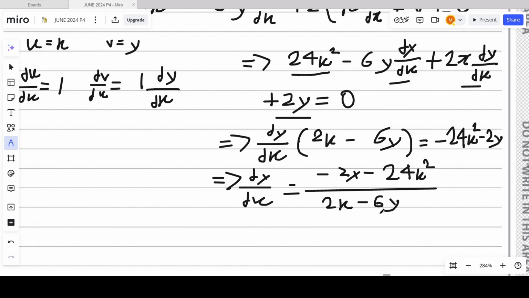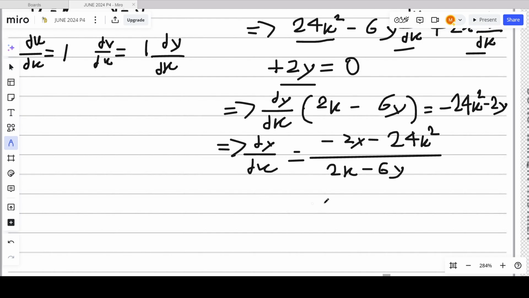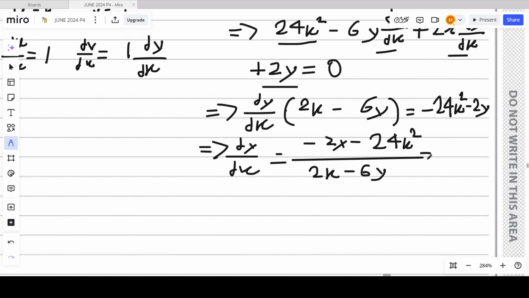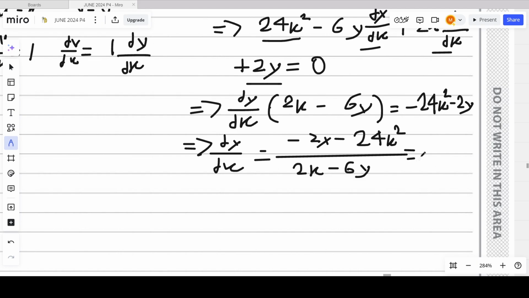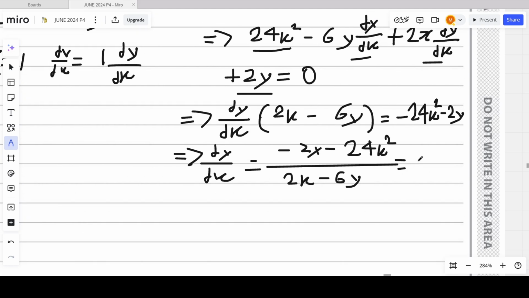Now from top and bottom, we can divide both sides by negative 2. We will get 12x squared plus y on the numerator.